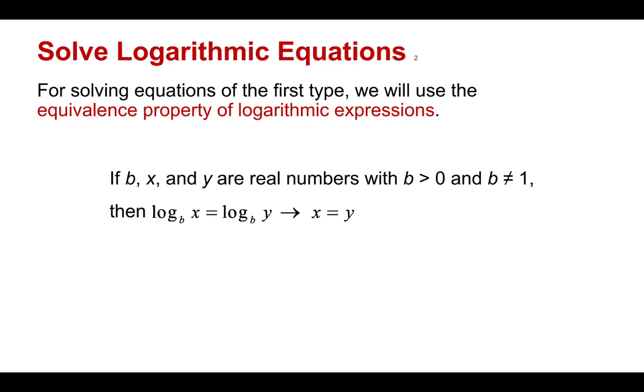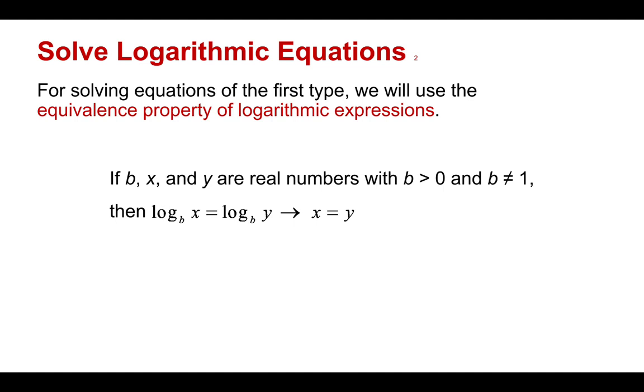So if b, x, and y are real numbers, again, b can't equal 1, and it has to be greater than 0. It has to be a positive value. Then the log base b of x equal to the log base b of y means that x equals y. So that's just straight across.